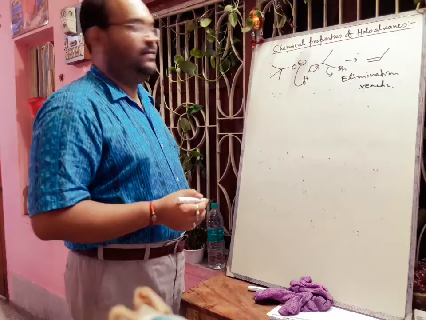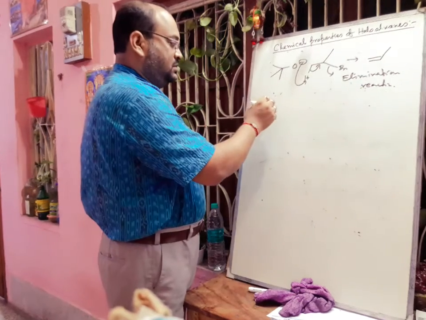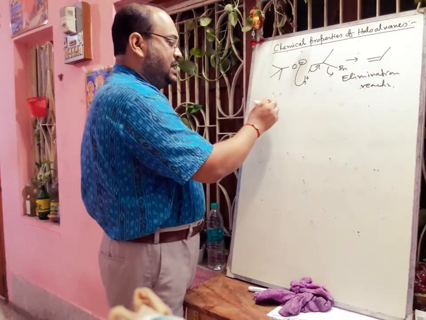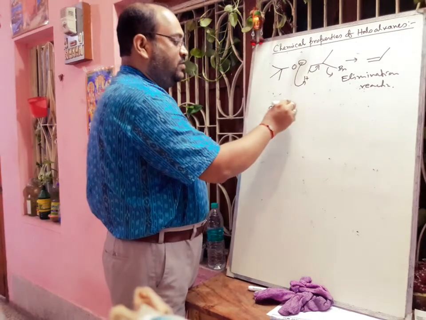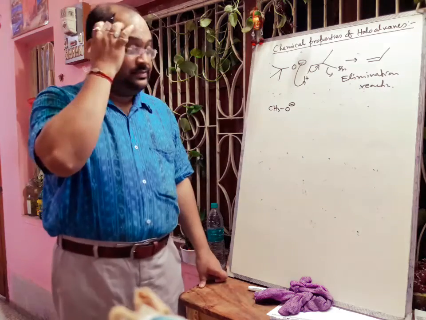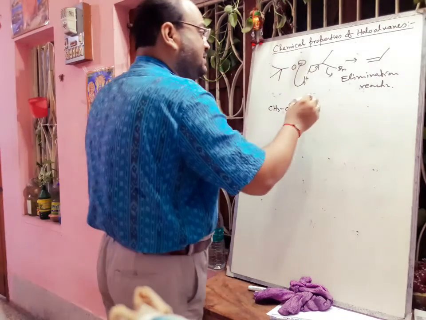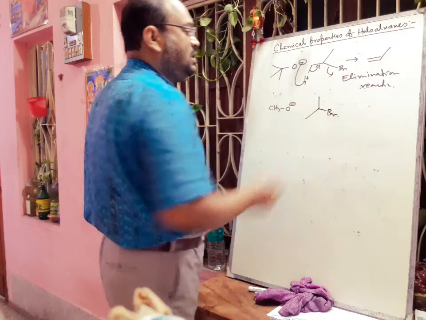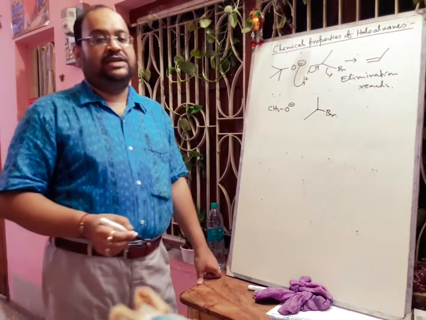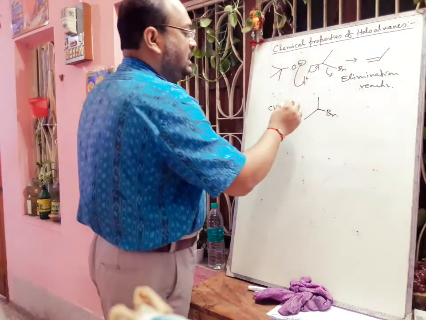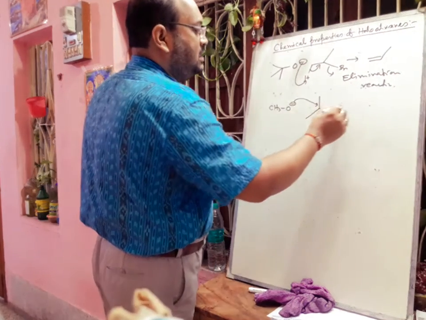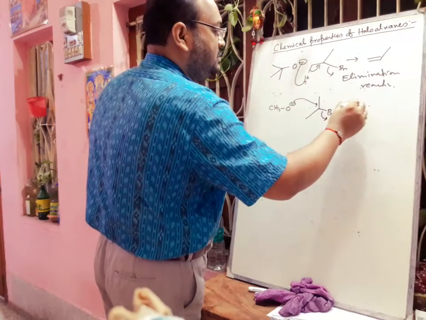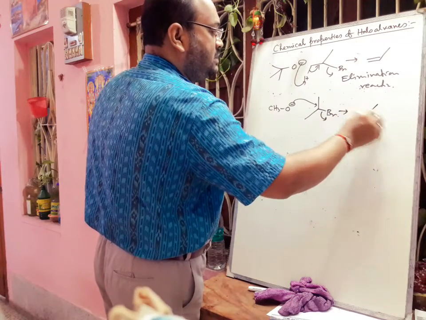But if we take a less hindered or unhindered base like CH3O minus, methoxide ion, and we take the same substrate, then there will be substitution reaction. This will attack here and we will get a product like this.